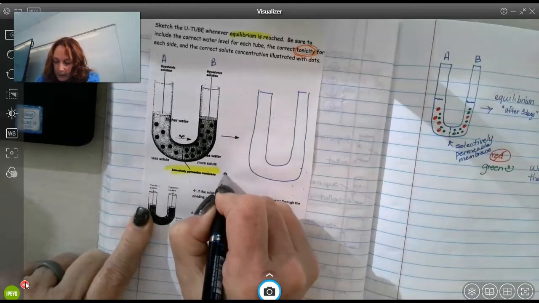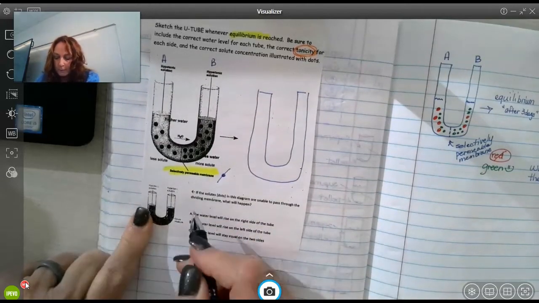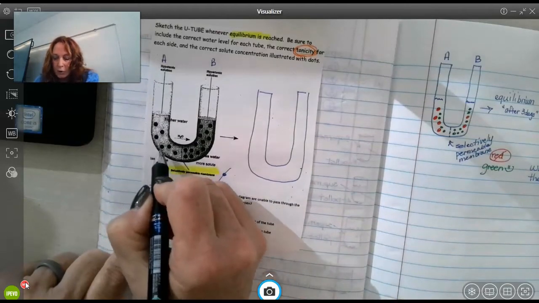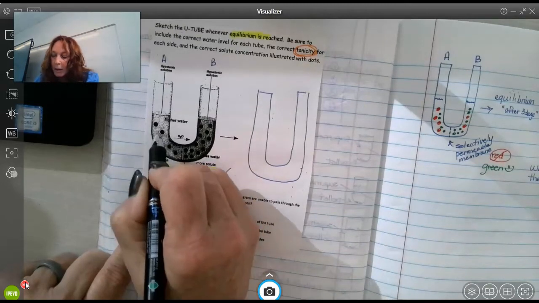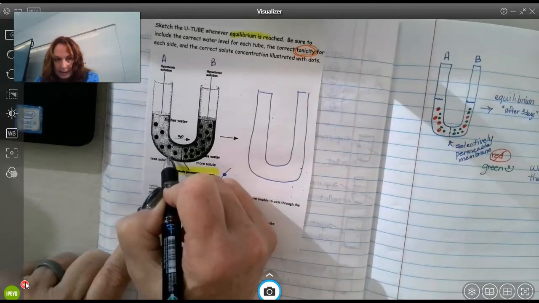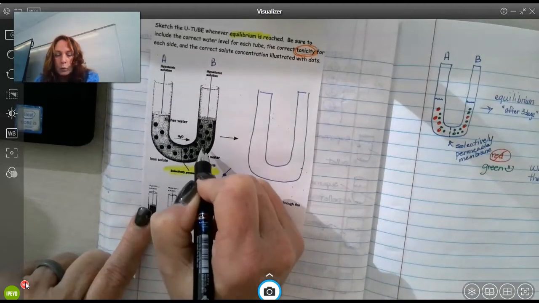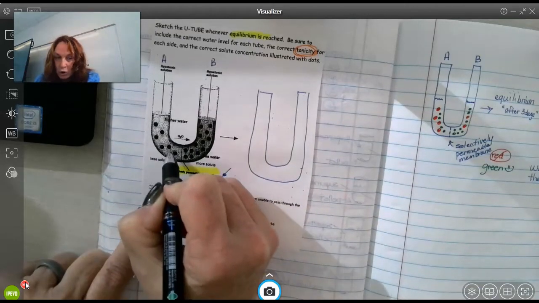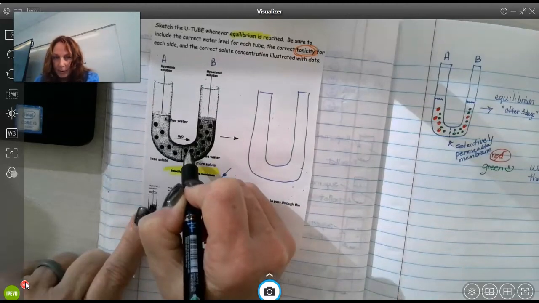So these dots cannot move. Only water. Water moves where the stuff is. So the concentration of solute on this left side in A is much lower. You can see it visually. There's less stuff in the water than over here in B. Water will move until the concentration, the ratio of water to molecule is the same on both sides.